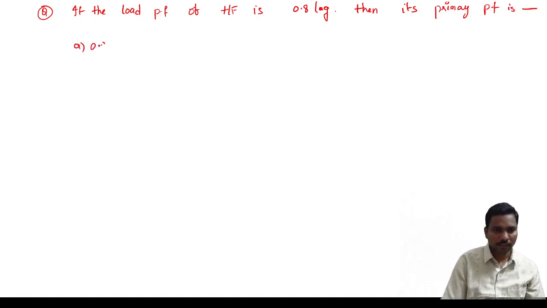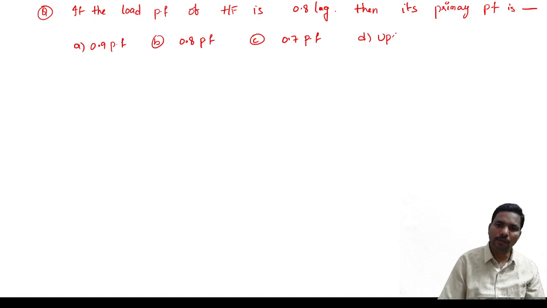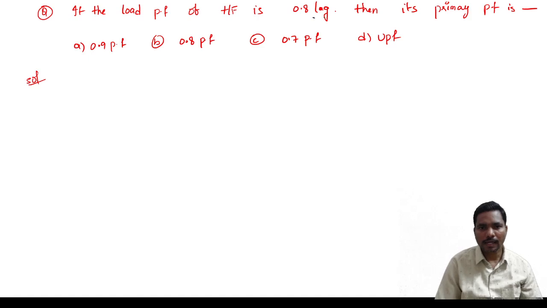Option A 0.9 power factor, option B 0.8 power factor, option C 0.7 power factor, option D unity power factor. Then what is the answer, guys? They are asking about lagging power factor.